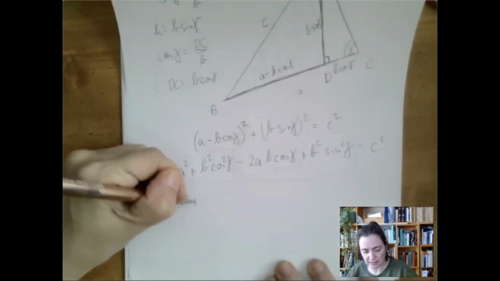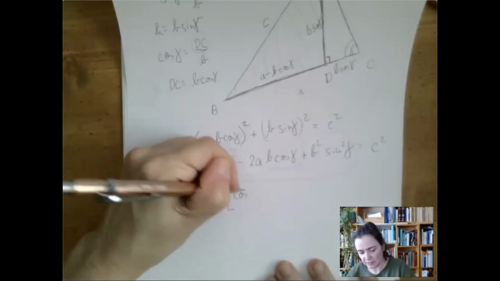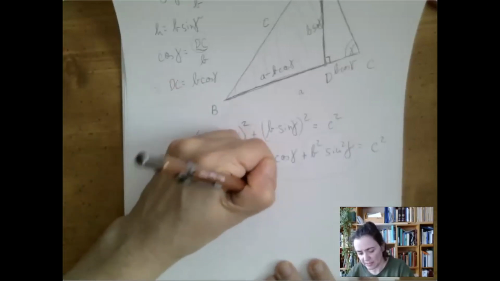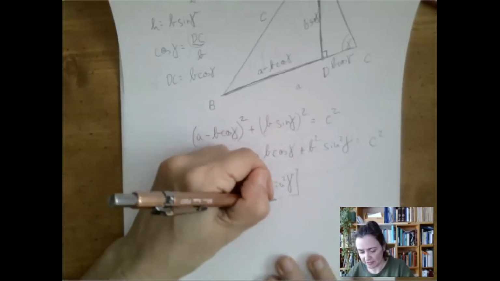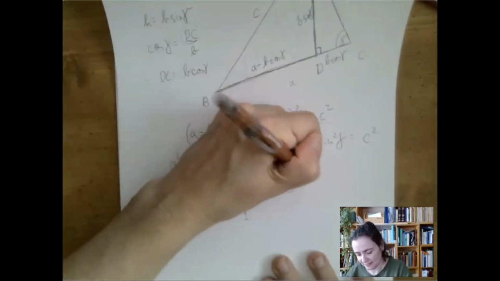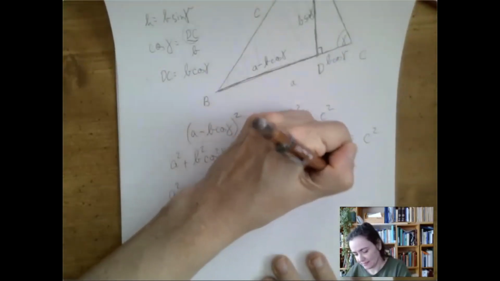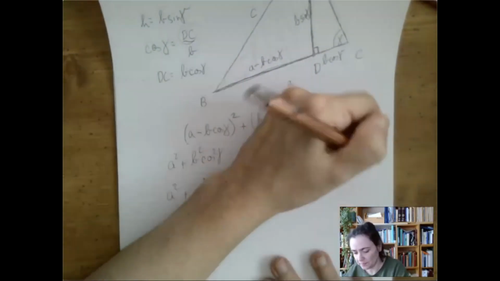We have a squared plus, we can factor out b squared, and then inside the parentheses we're left with cosine squared gamma plus sine squared gamma, which in the next line we're going to recognize to be 1. Minus, we just carry the 2ab cosine gamma.